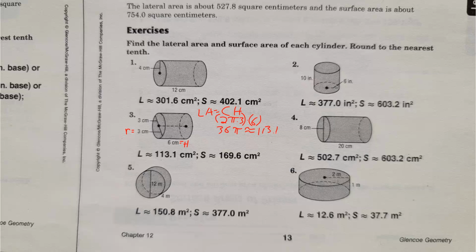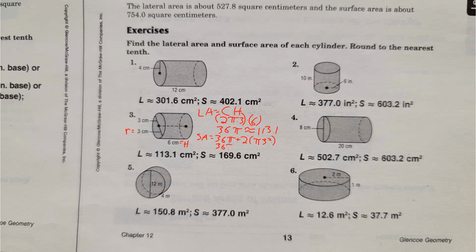For the surface area, we have the lateral area plus 2 times the base area. So I would have used that exact value first for my lateral area, plus 2 times the area of the base. Well, what is my area of the base? It's pi r squared. So pi, radius is 3, 3 squared. 3 squared is 9. 9 times 2 is 18.